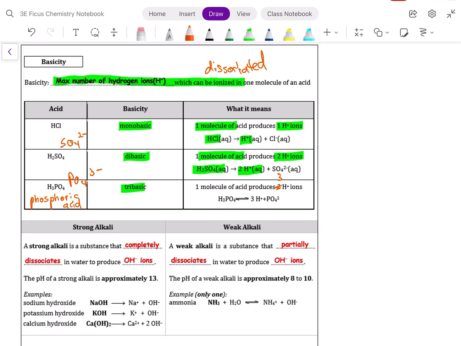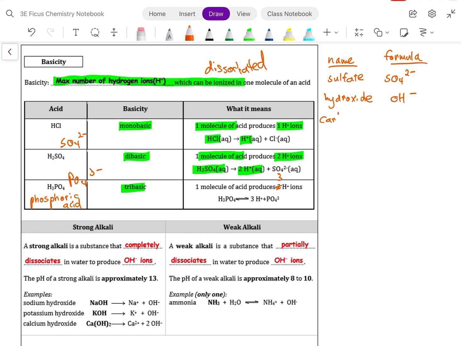I hope you haven't forgotten about your 6 best friends, that means the polyatomic ions. Things like sulfate, SO4 2 minus, the name as well as the formula. What's a hydroxide? It's OH minus.